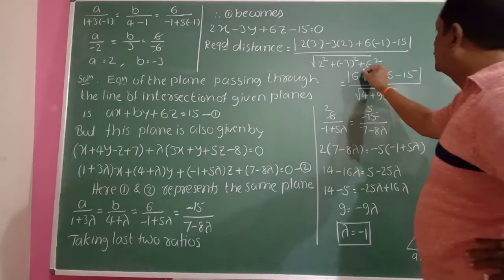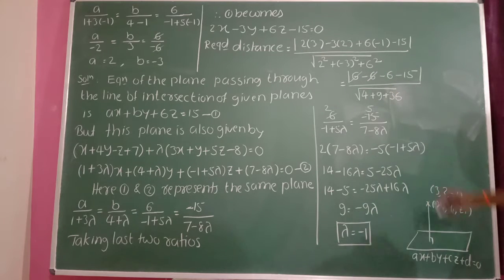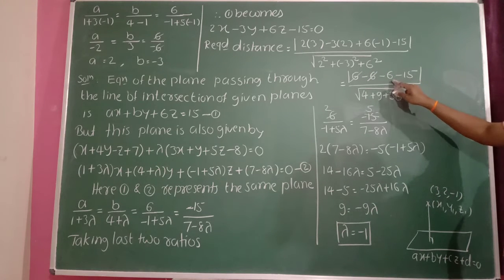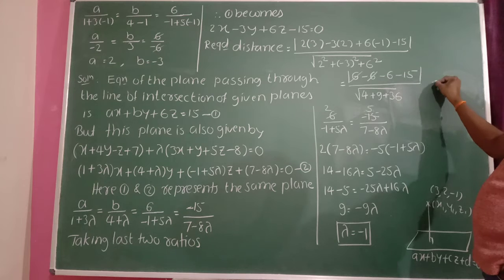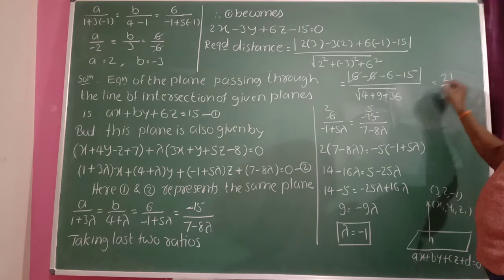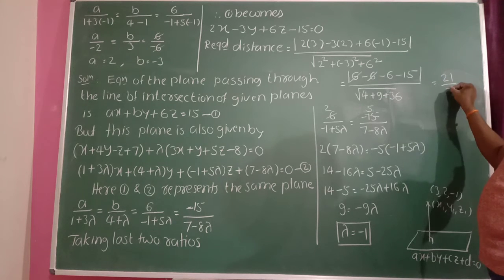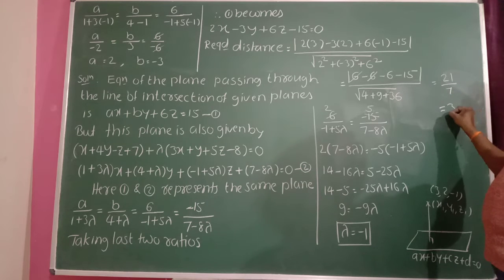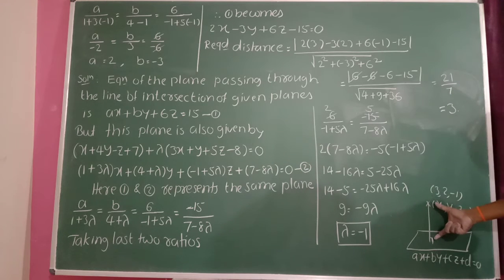Plus 6 minus 6 cancels, minus 15 minus 6 is minus 21, modulus of minus 21 is plus 21, and this is 49, square root of 49 is 7, therefore this is equal to 3. This is the required distance; the length of the perpendicular is 3 units. Okay, so this is the answer.